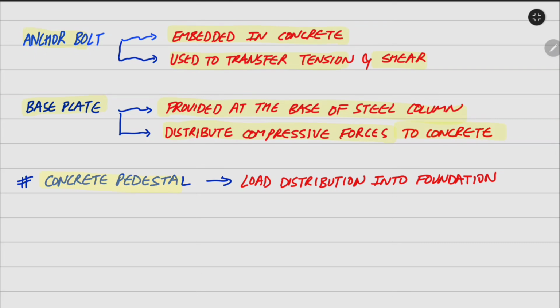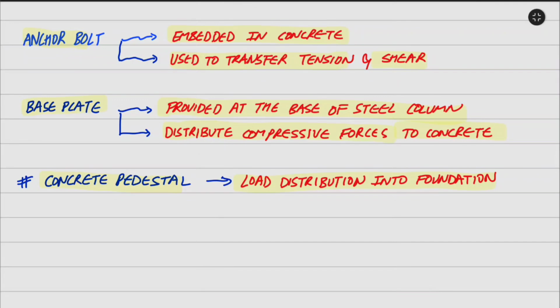The concrete pedestal is provided between the base plate and footing to provide the required embedment depth, edge distance and load distribution into the foundation. These are the design perspectives we have to consider while designing the anchor bolt, base plate and concrete pedestal. In this video we will be focusing on the anchor bolt.